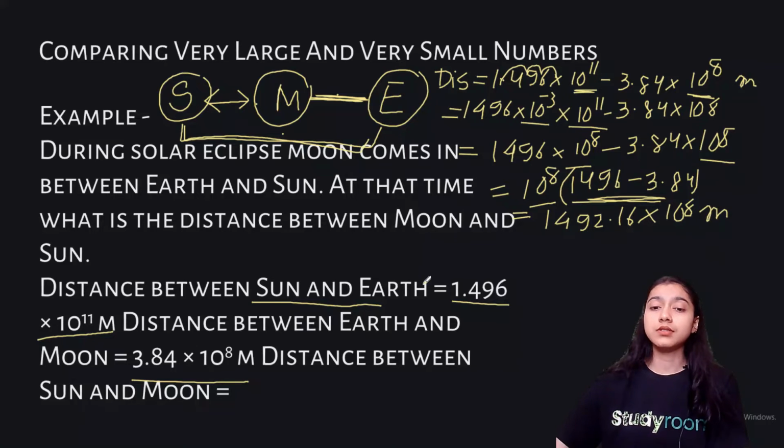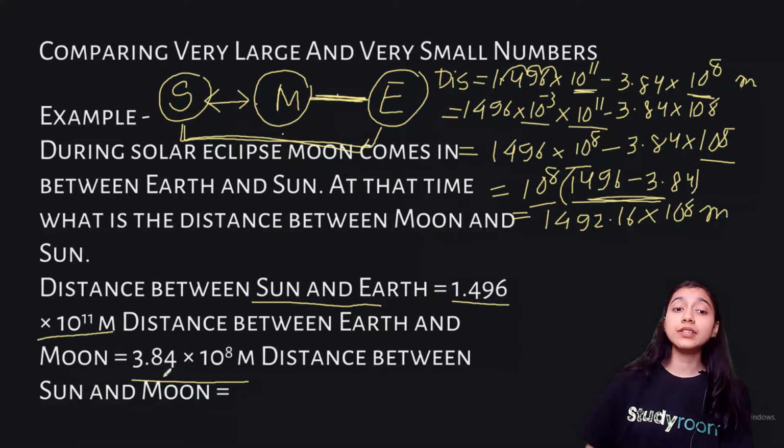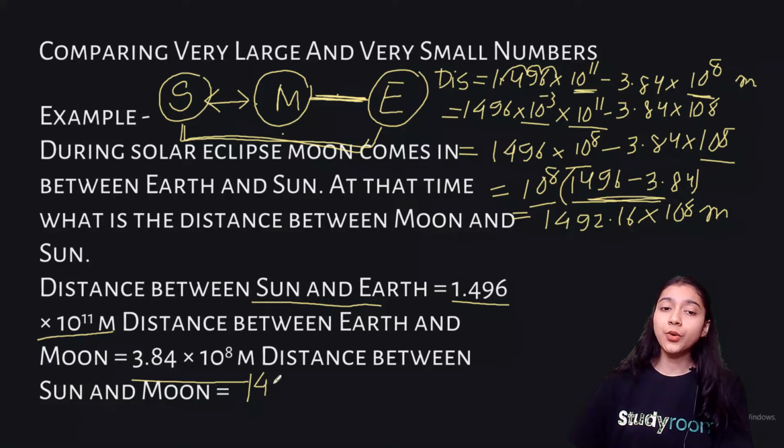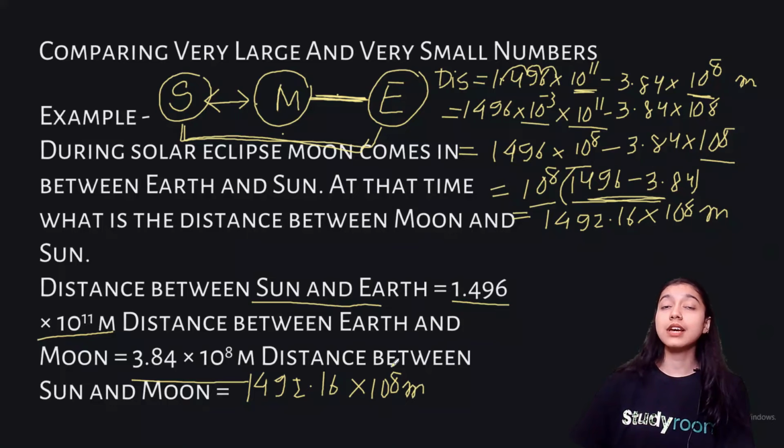And this is in meters. So we can conclude that the distance between the sun and the moon at the time of solar eclipse is 1492.16 into 10 to the power of 8 meters. So this is our final answer.